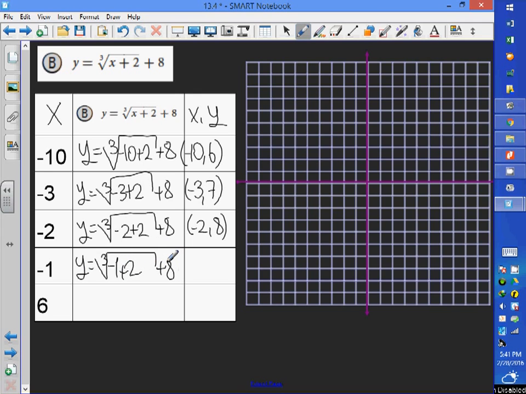Negative 1 plus 2 is 1. Cube root of 1 is 1, plus 8, 9. Negative 1 goes to 9. Last one is 6. y equals cube root of 6 plus 2 plus 8. 6 plus 2 is 8. Cube root of 8 is 2, plus 8, which is 10. 6 goes to 10. Let's draw this.